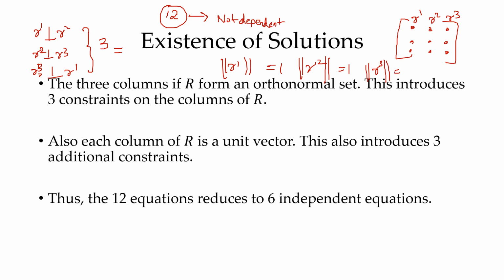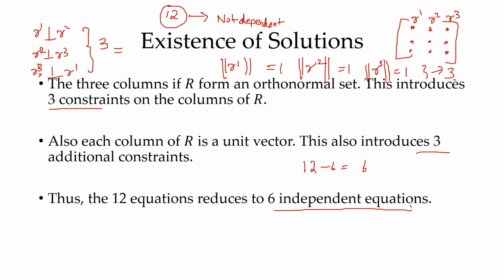So here also 3 additional constraints are being introduced. 3 plus 3, we get 6 additional constraints. We have 12 equations, so 12 minus 6, we get 6 independent equations.